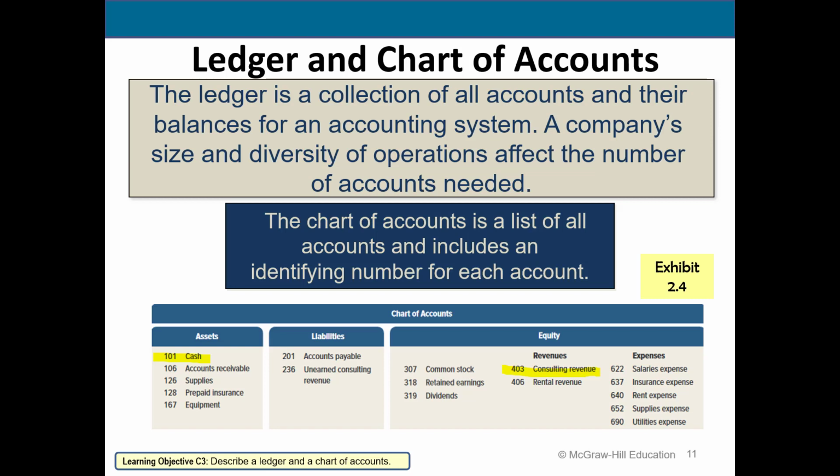So assets begin with a 1, liabilities begin with a number 2, equity begins with 3 and includes 4 and 6. We've skipped 5. 5 is for a special account that we'll talk about in Chapter 3 called Income Summary.